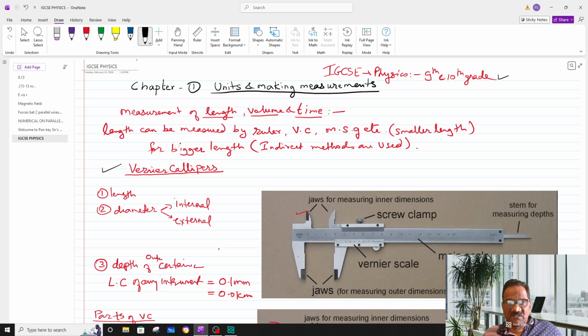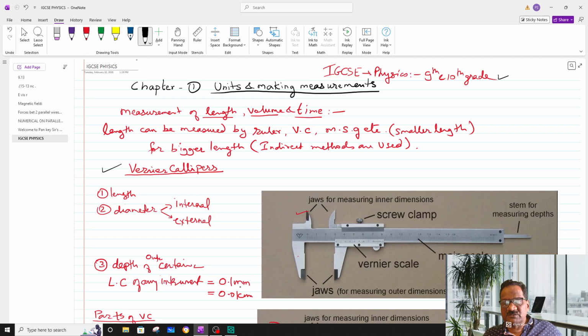So all this conversion of one unit to another unit, that also we are going to study in this particular chapter. The least count of a vernier caliper, as I told you, is normally 0.1 millimeter. I mean to say that there are certain other types of vernier calipers also, for which the least count may be different.